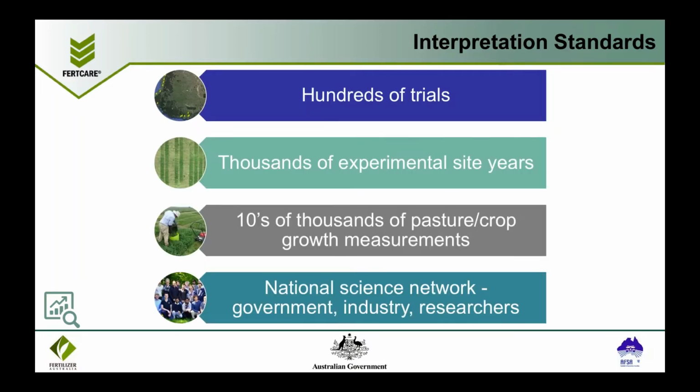Those programs have involved hundreds of trials, thousands of experimental site years' worth of work, tens of thousands of pasture or crop growth measurements, and national science networks of people involving government, industry and researchers to essentially collect all of that information together to come up with the best available peer-reviewed science, and to provide standards that the industry can use to evaluate the soil test data once it comes back from the laboratory.